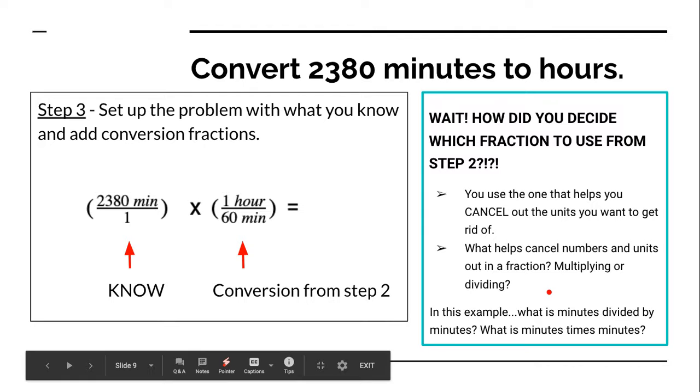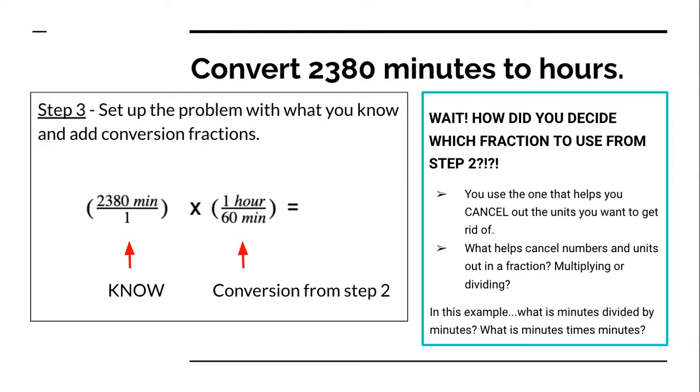So look what I wrote here. I said, what helps cancel numbers and units out in a fraction? Would you be able to cancel a unit out by multiplying it or dividing it? And so use your common sense here for this one. If you multiply stuff, there becomes more of it. So that's not what we want. We want to get rid of it.